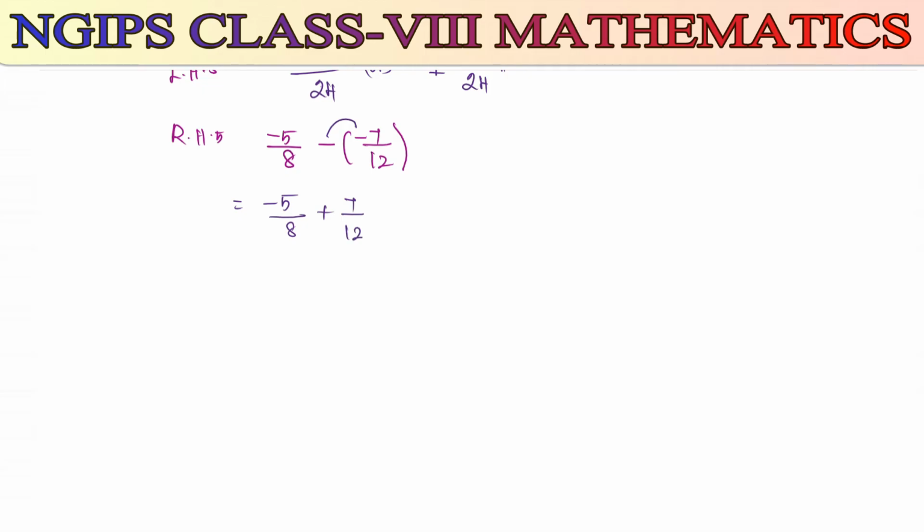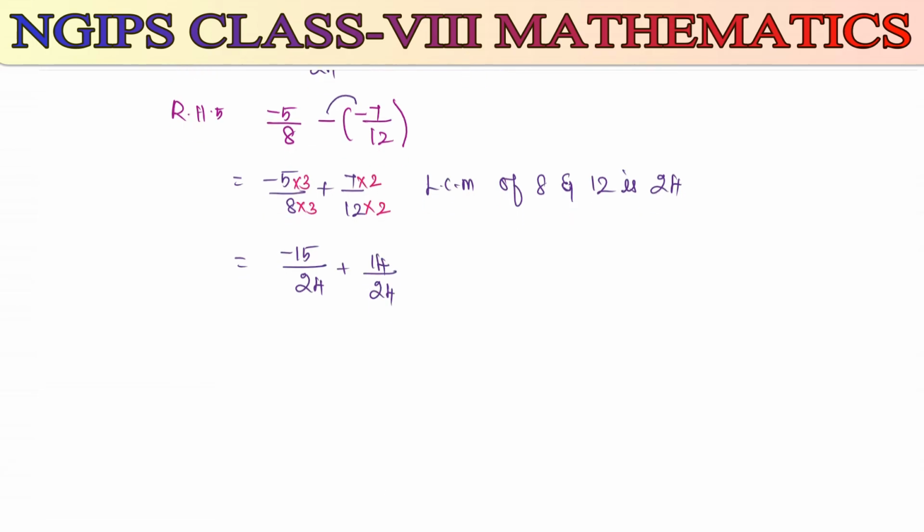We know very well LCM of 8 and 12 is 24. To get the denominator as 24, I need to multiply both numerator and denominator by 3 in the first term, and in the second term by 2. So the values will be minus 5 into 3, minus 15 divided by 8 3s are 24, plus 7 2s are 14 divided by 12 2s are 24.